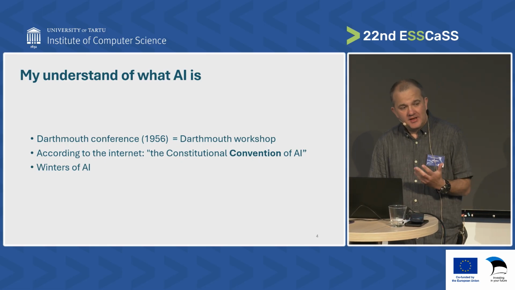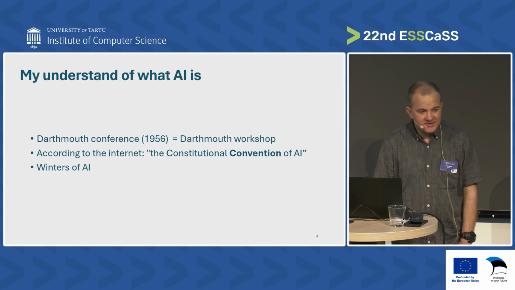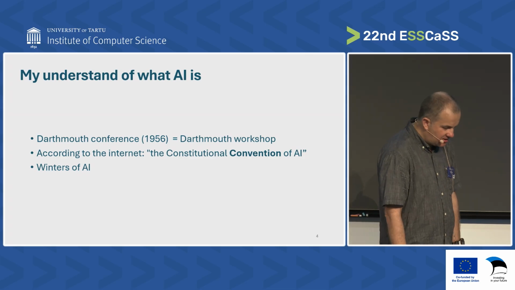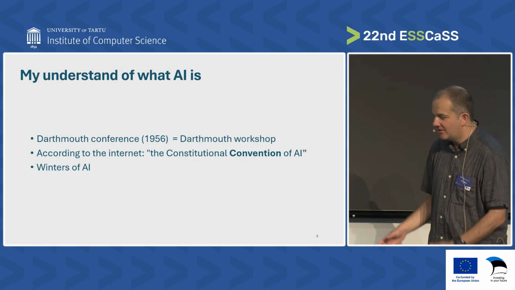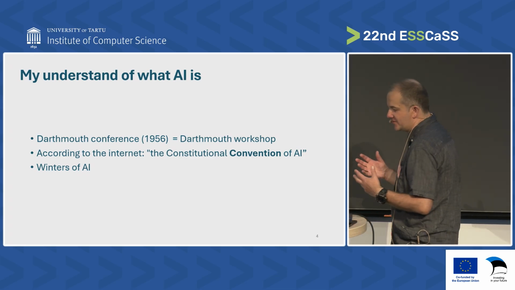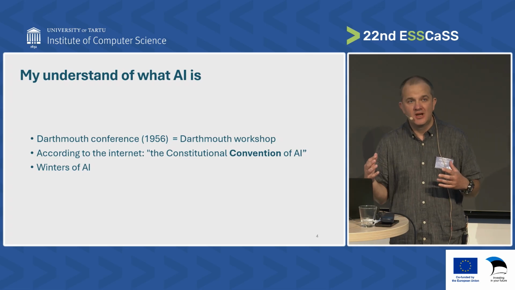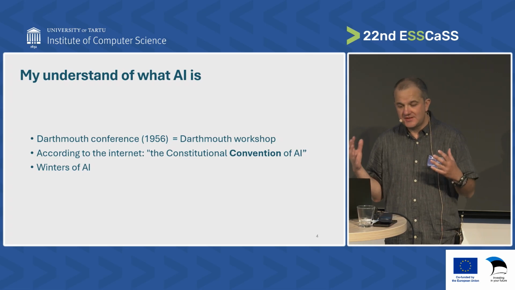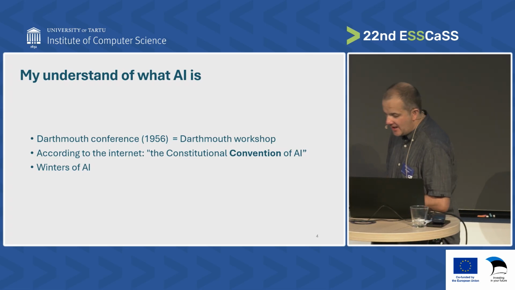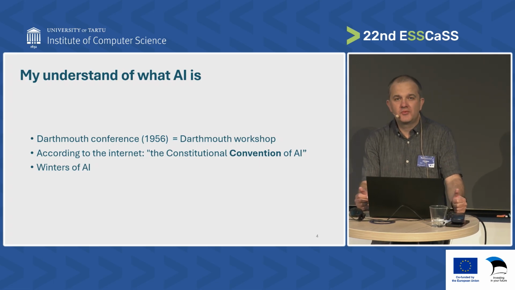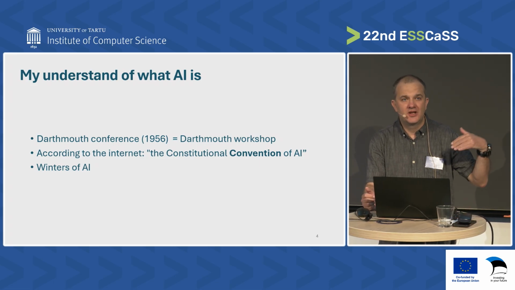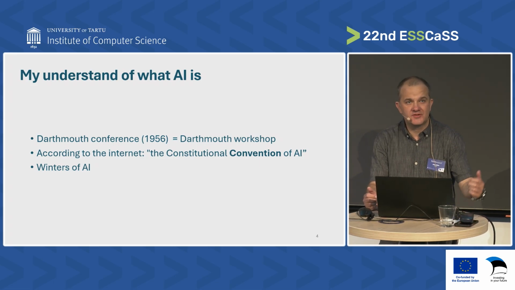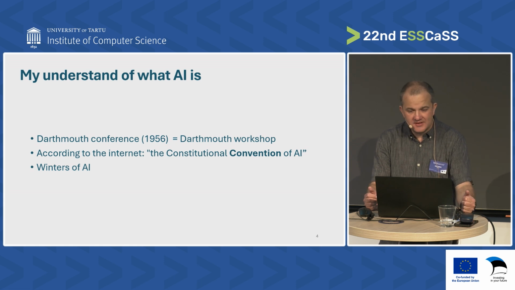And also, when it all started, expectations were very high, but technology and methodology were not yet sufficiently mature to meet these expectations, which caused a number of so-called winters of AI, when interest towards this technology, towards this area of science, was kind of low.